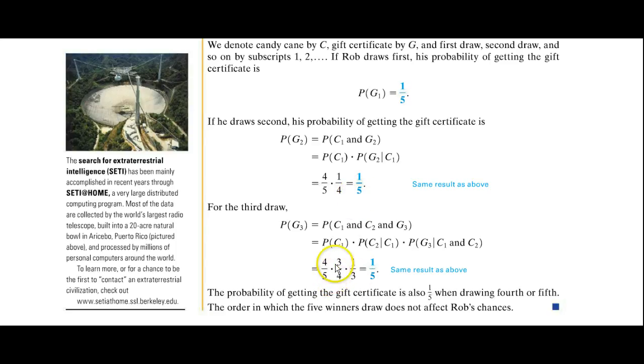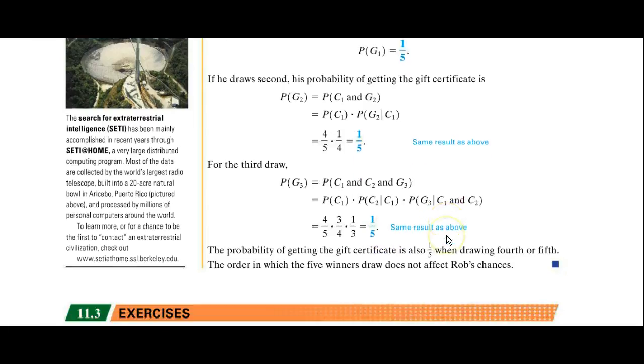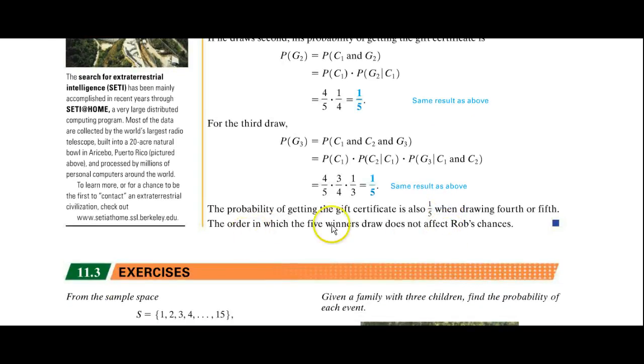And do the multiplication here. Notice everything's canceling out, and you still get 1 out of 5. So the answer then, the order in which the 5 winners draw, does not affect Rob's chances. It's equal chance as you go through. But of course, once the gift certificate is drawn, then in a sense the others don't have a chance at all. But we're assuming if it isn't selected.